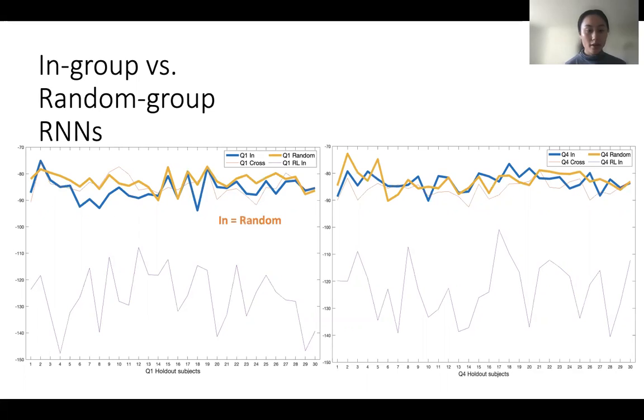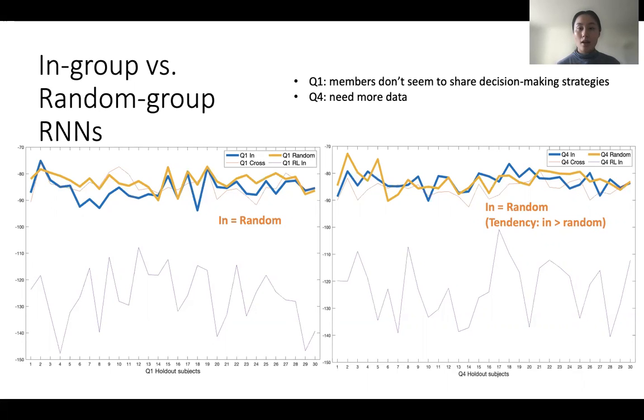So for Q1, in-group RNNs did similarly to random group RNNs. The same result was true for Q4, but the tendency was that the in-group RNNs did a little better than the random group RNNs. So this would again suggest that for Q1, members don't seem to share decision-making strategies.